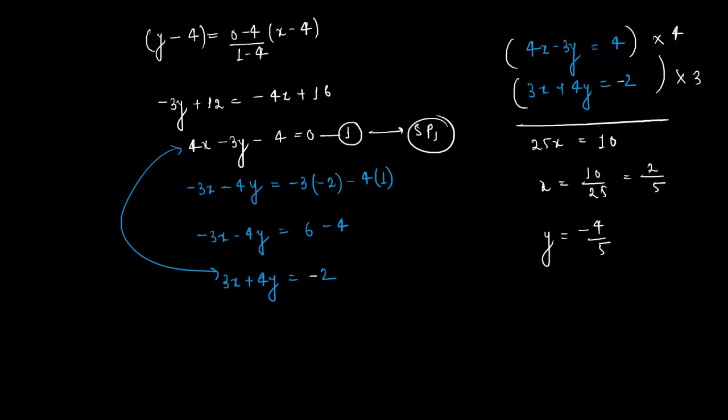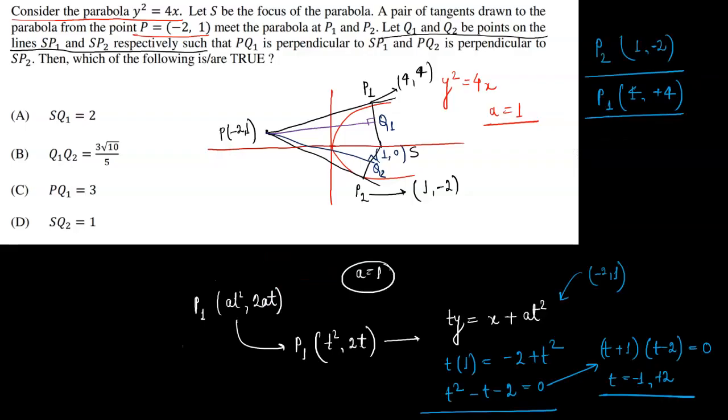Okay, and now let us go for the Q2 point, and you can see here the x coordinate is the same. S has the same x coordinate as P2.